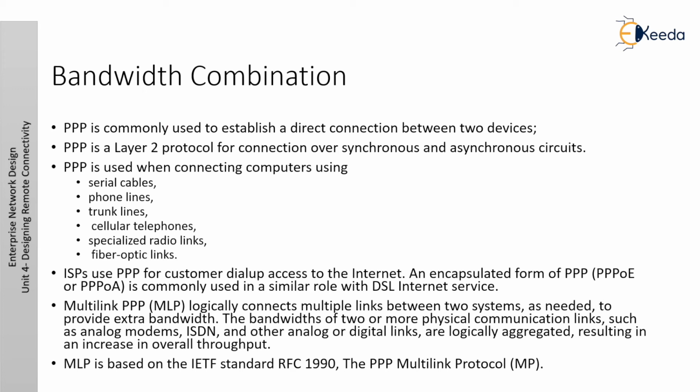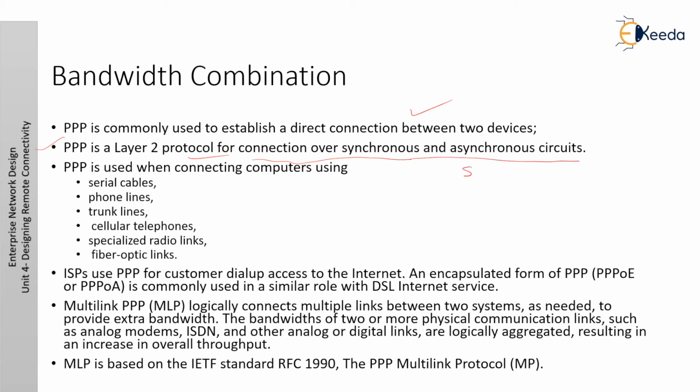Bandwidth combination. This is another technique for efficient use of the WAN. Point-to-point protocol is commonly used to establish a direct connection between two devices. Point-to-point protocol is a layer 2 protocol for connection over synchronous and asynchronous circuits.